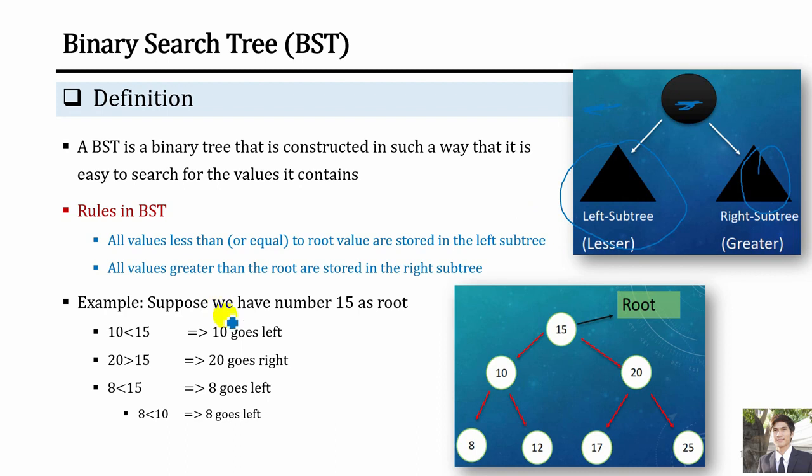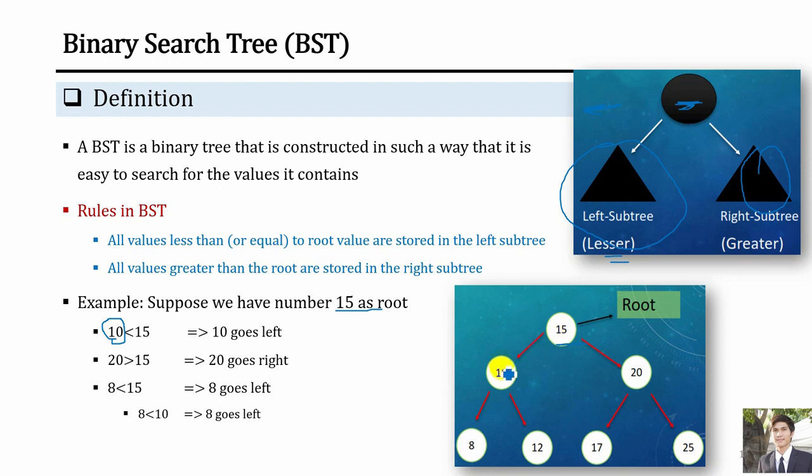So for example, suppose we have number 15 as the root. This is the root of the tree. If we want to insert our data, let's say 10, in which way should we insert our data? So we check the root here. Because number 10 is less than 15, right? Our rule is that numbers that are lesser than the root, we go left.